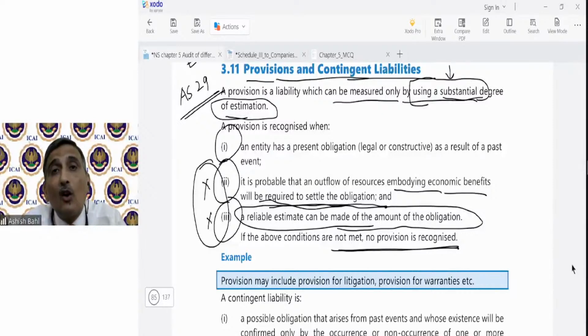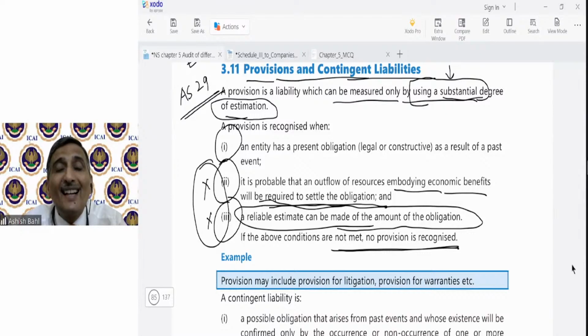Now this obligation could involve an outflow of economic benefits, outflow of resources. And this could be your liability, that the third party, that the customers have filed a suit for so much, and it is going to be settled at this amount because of the precedent which has been set by the higher court.